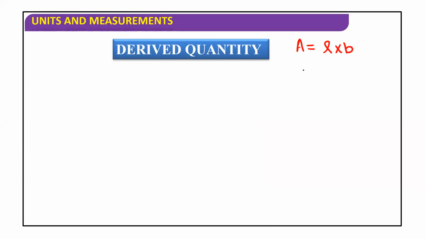Area is equal to length multiplied by breadth. Volume is equal to length multiplied by breadth multiplied by height. And another simpler equation, force is equal to mass multiplied by acceleration. If you want to calculate the area of a particular structure or block, first of all, you need to know about length and breadth.